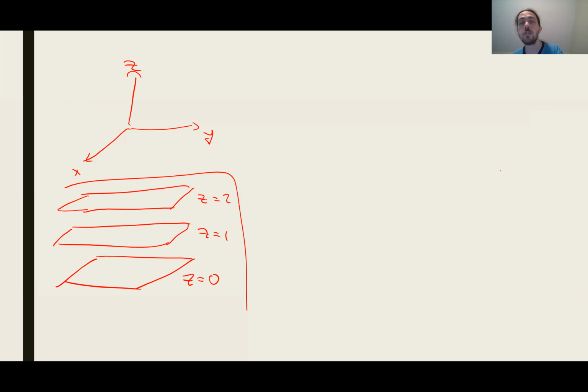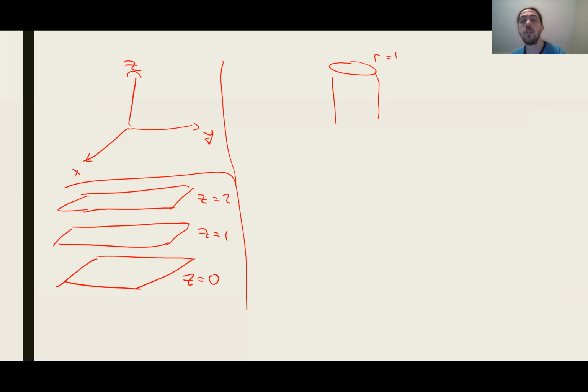By contrast, the r and theta coordinates tell us something different. So if I'm looking at all those points with r equal to 1, those are all the points that are a distance of 1 from the z-axis. And that gives me a cylinder centered at the z-axis, like so.